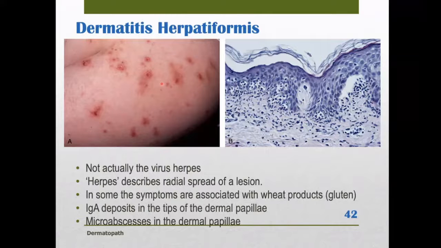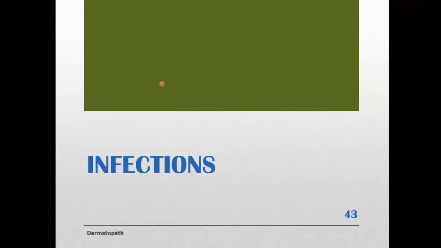The issue is how the lesions appear: they look like the lesions seen when someone is infected by herpes simplex virus. So this was about the blistering lesions, the pemphigoid lesions, as we saw.